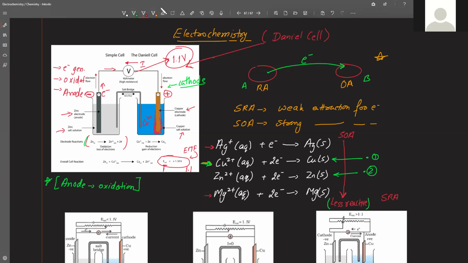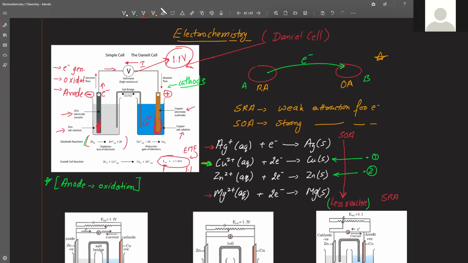This will get consumed, or you can say it gets eroded. Which one? The zinc electrode. Wherever oxidation is happening, solid is converting to ions, so it will start losing its mass, right?